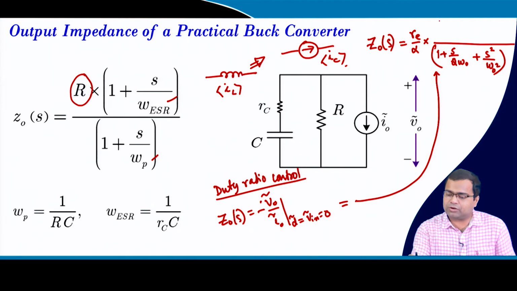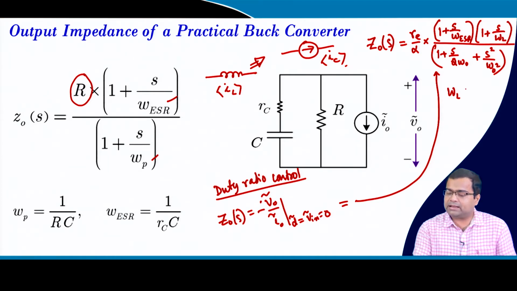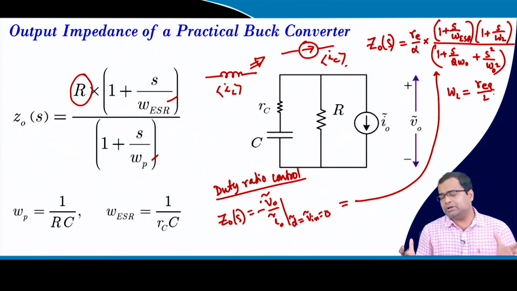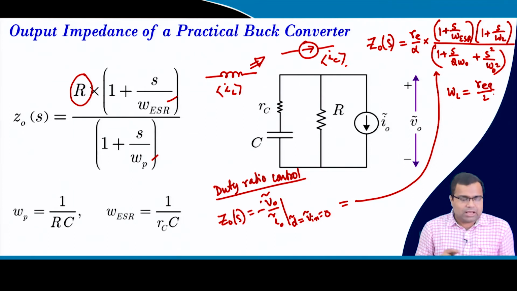And two zeros we got: 1 plus S by omega ESR, and 1 plus S by omega L. And what was omega L? It was Re equivalent by L, and Re equivalent we know is RL plus RDS on. So in duty ratio control, the common thing you will find is this coming into the picture.